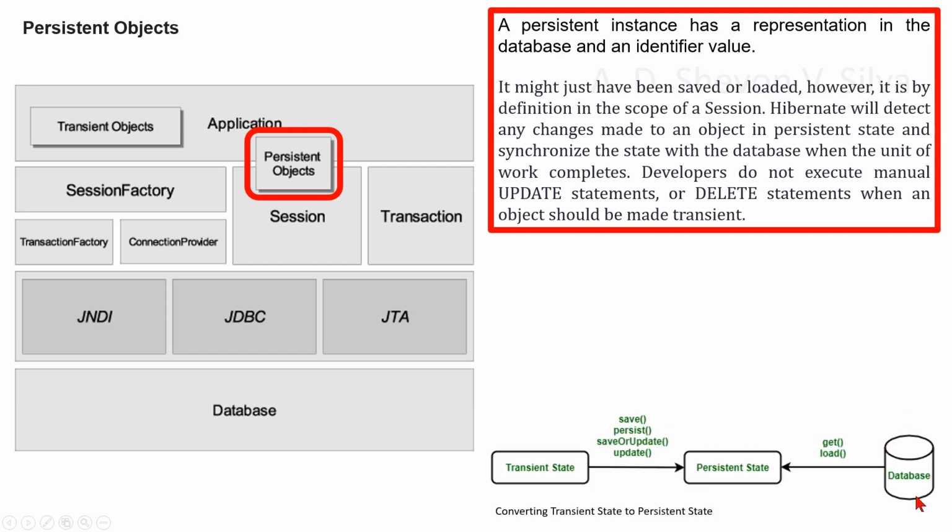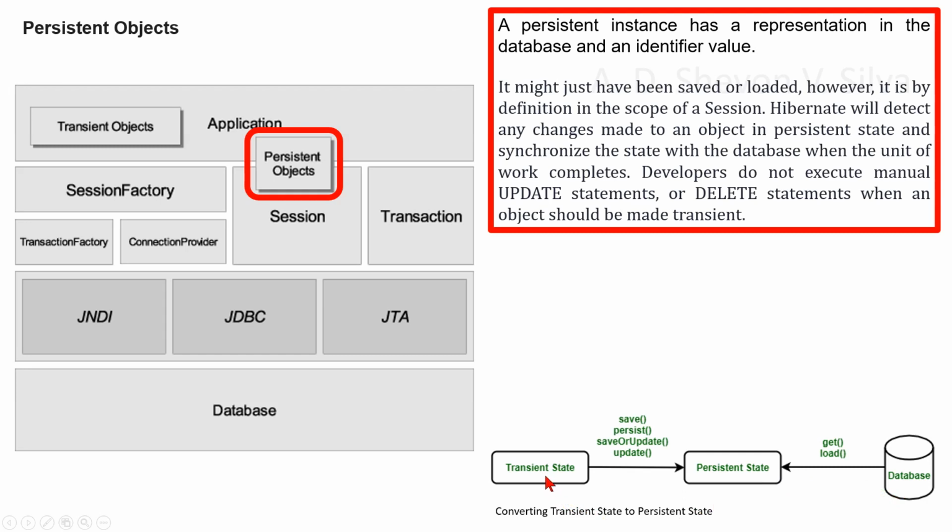Here you can see converting transient state to persistent state. Here you can see using the Hibernate session, save the entity object into the database table. Here you can see using the Hibernate session, load the entity object into the database table.